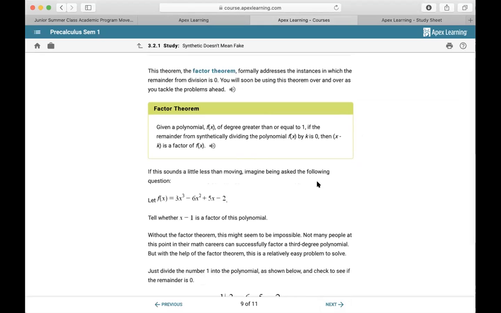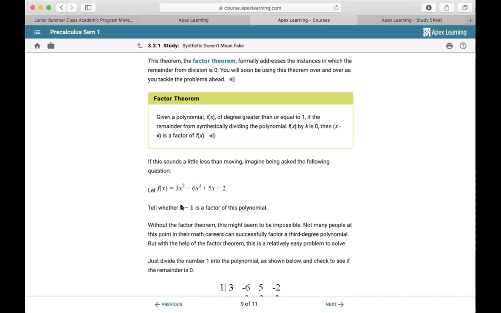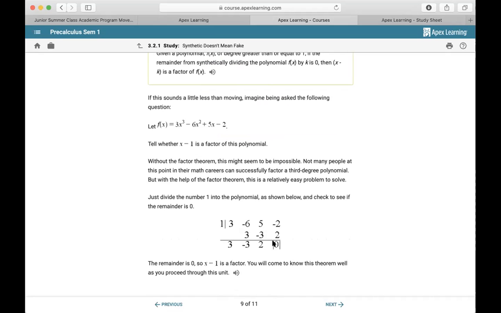I know it's difficult when they write it in terms like this, but basically this is saying if I take f of x and divide it by x minus 1, and I'm left with 0 remainder, that means x minus 1 is a factor of this.